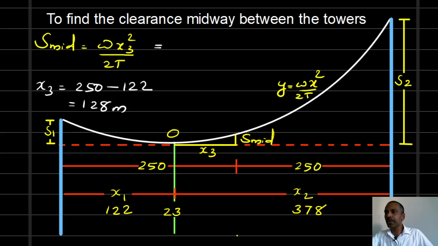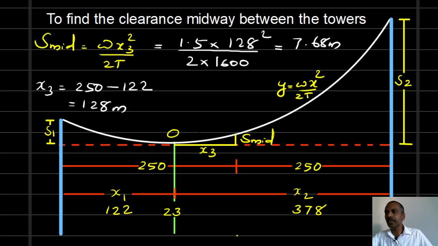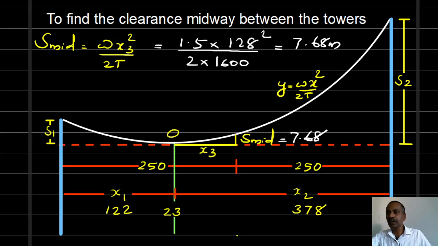So let's substitute this value in this expression. It is 1.5 into 128 square divided by 2 into t, which is 1600. This is equal to 7.68 meters. So S mid is equal to 7.68.